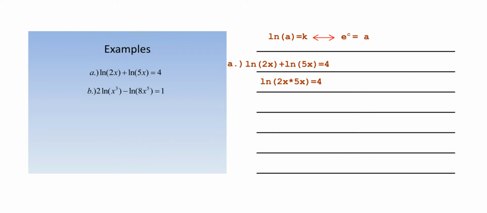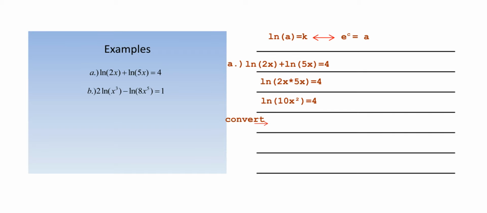In that case, let's combine into a single ln, multiplying what's inside the parentheses, 2x times 5x. So 2 times 5 gives us 10, x times x gives us x squared, agreed? So ln of 10x squared then equals 4.